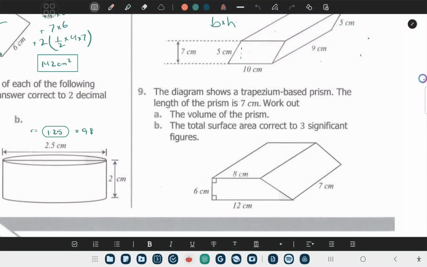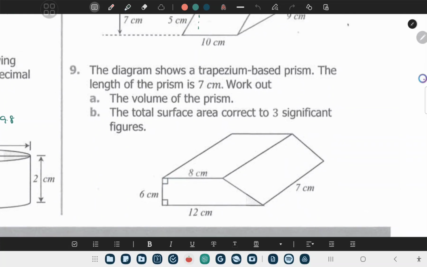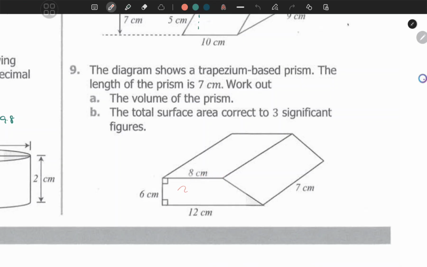Volume and surface area. Let's look at question number 9. Question number 9 shows a prism and it has a trapezium as the base, right?